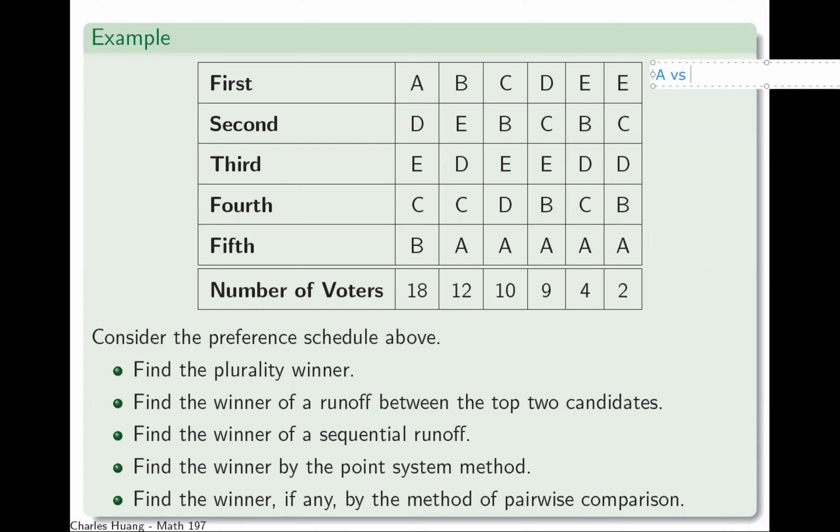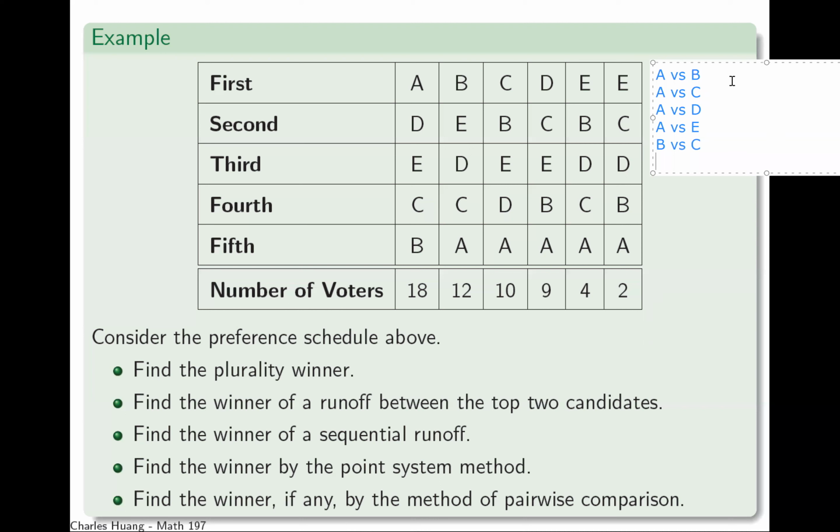We have A versus B, A versus C, A versus D, A versus E. We have quite a lot, B versus C. Remember, order doesn't matter. We're just seeing who comes out on top. So B versus D. It's a bit like the combination that we just did, so it's 5 times 4 divided by 2. So B versus E, and then C versus D.